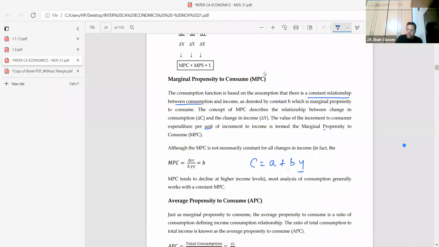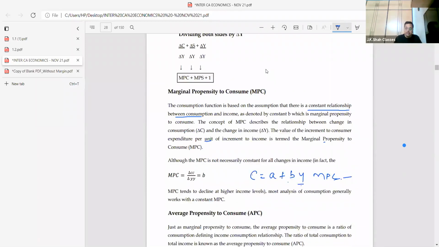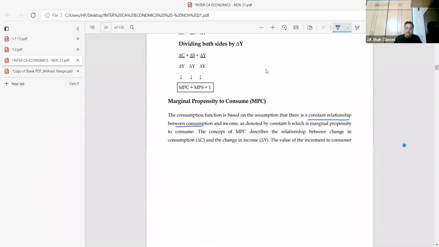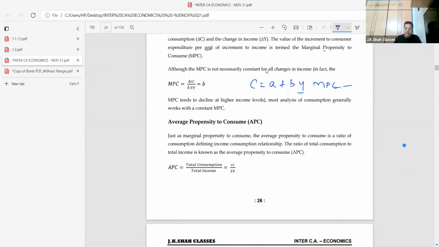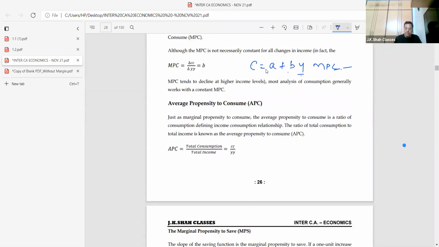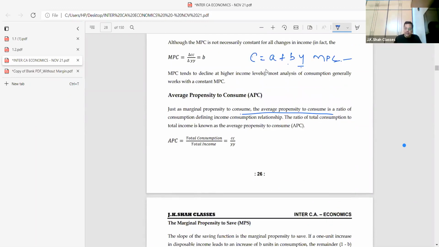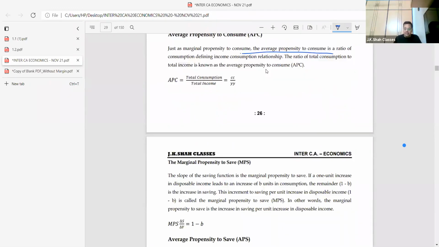This BY is nothing else but your MPC. Please remember that. B is your MPC, marginal propensity to consume. Okay, come on, APC is what? You have understood this now, beta. No need to waste time on this.